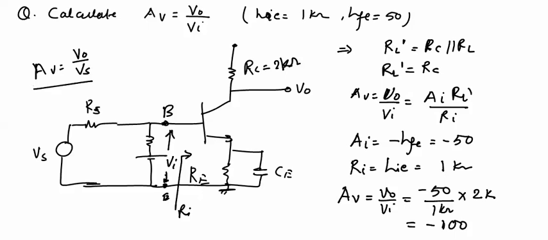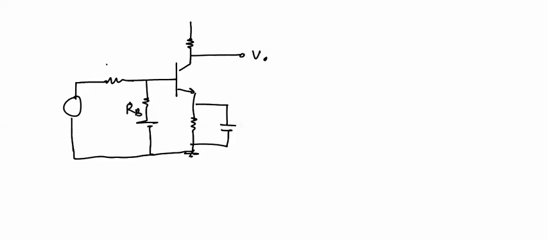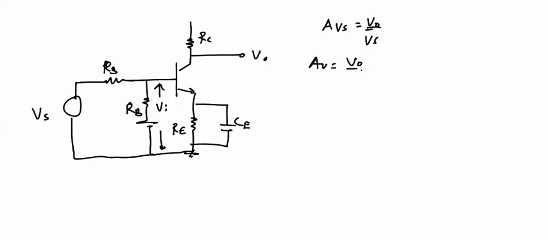Now we'll see how to calculate this voltage gain AVS equal to V naught upon Vs. We have already calculated this voltage gain AV equal to V naught upon Vi. Based on this calculation, we will calculate this AVS.